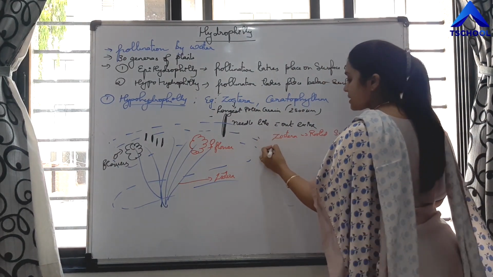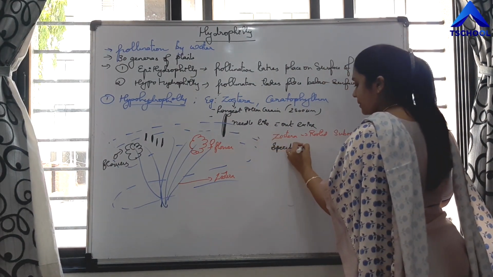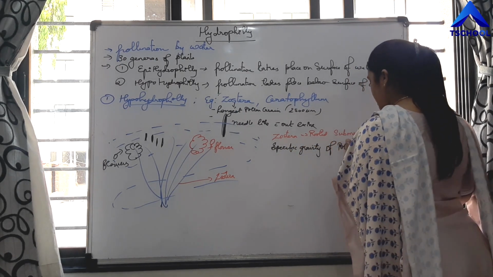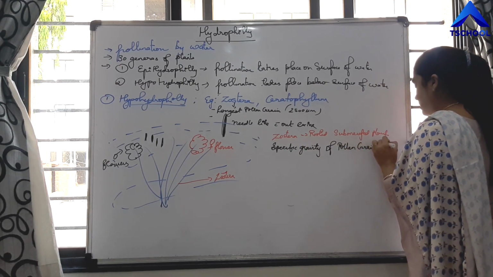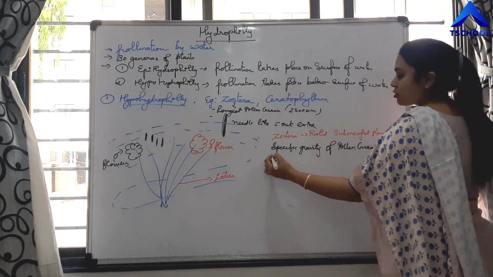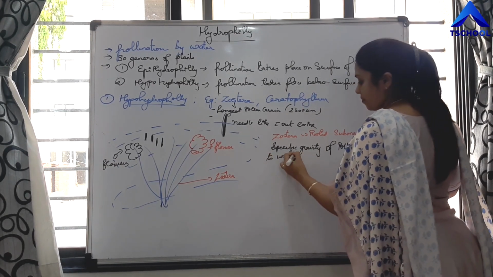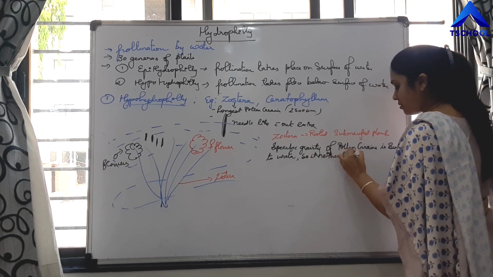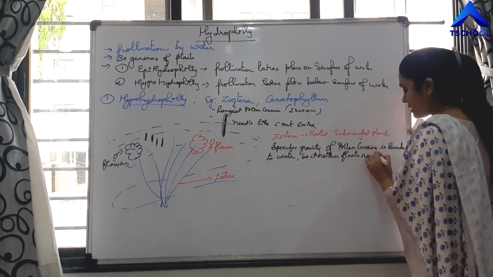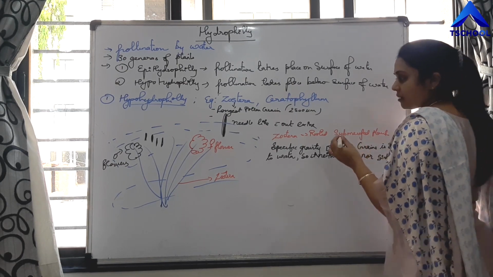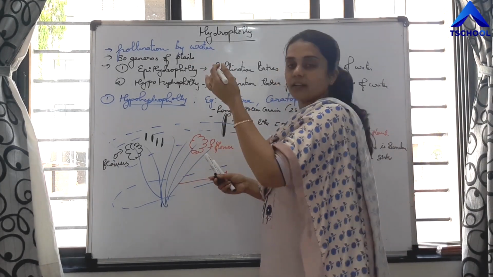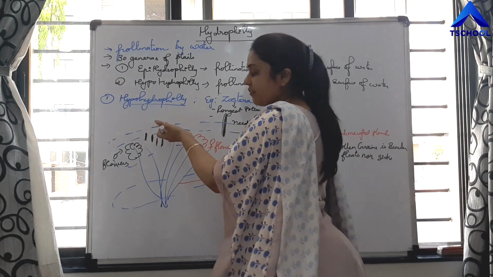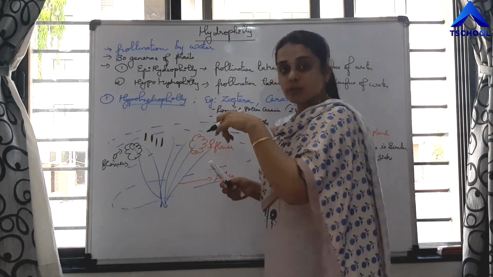In Zostera, the specific gravity of pollen grains is similar to water, so they neither float nor sink. They remain in the water at the same level.